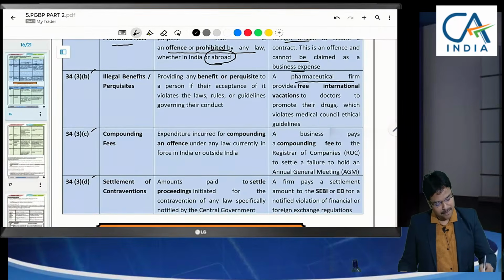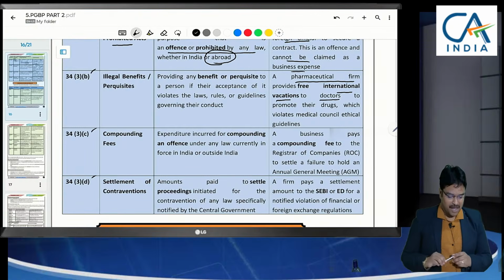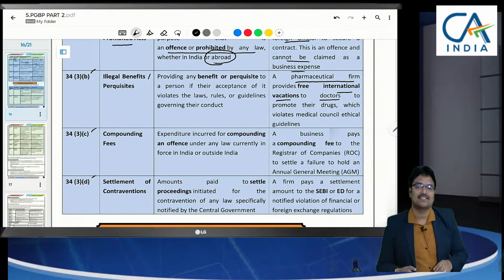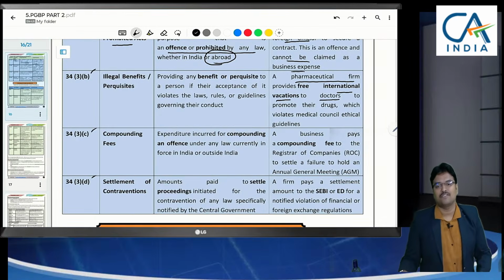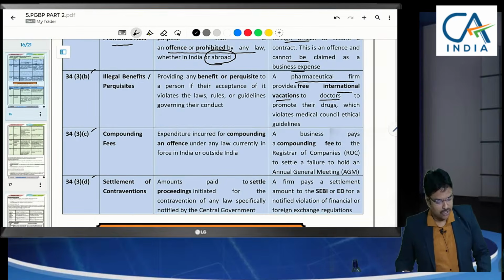A pharmaceutical company is taking a doctor on an international vacation. For the pharma company it is an expenditure. The doctor has referred those medicines to many of the patients, so they have taken him on an international vacation. Now in this case, this is an expenditure to the pharmaceutical company.